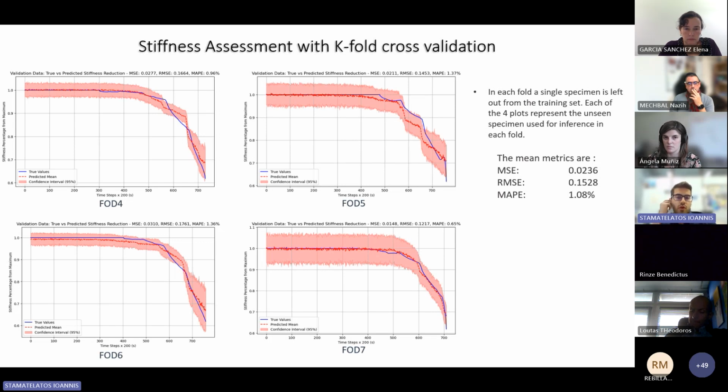And this is because in the case of FOD5, the model has been trained with panels that damage was imminent. So this model knows to predict more conservatively, because it has only seen damage in its life. So when it sees something healthy, it's very normal to underestimate it. But you can see the underestimation is not very bad. It follows the trend of the stiffness.